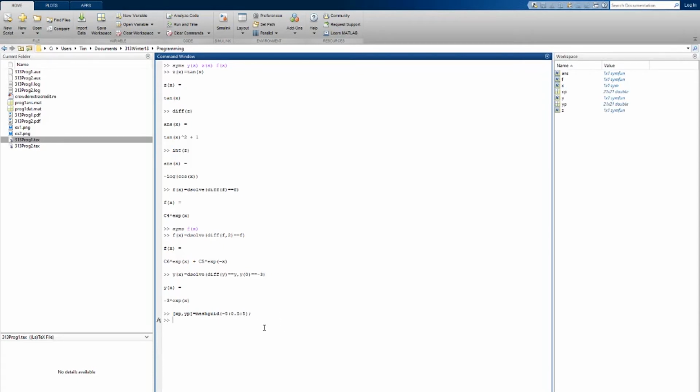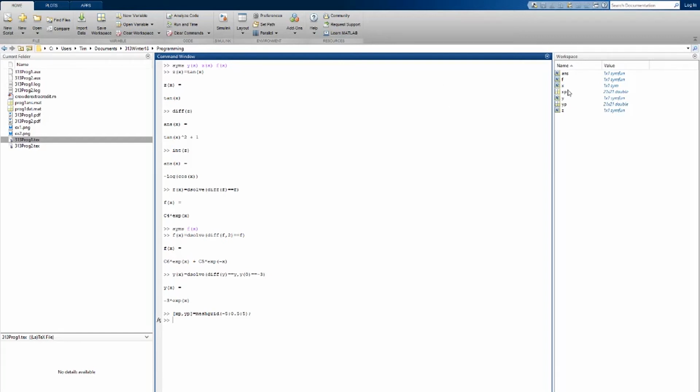Okay, now meshgrid creates two different matrices, and when on the left-hand side here we set it up like this, it means we're assigning the first matrix of meshgrid to XP and the second one to YP. So let's actually take a look. I could write XP here and hit enter.